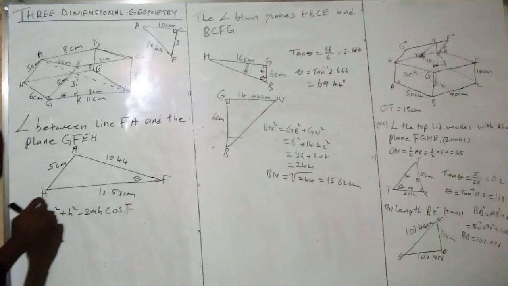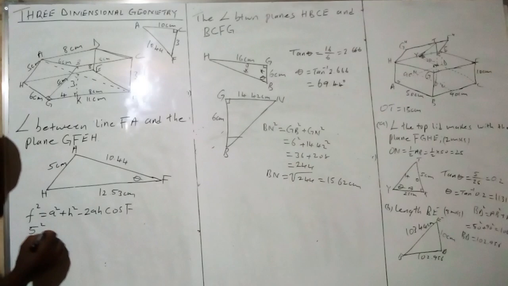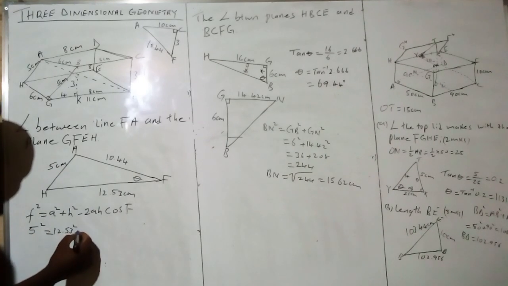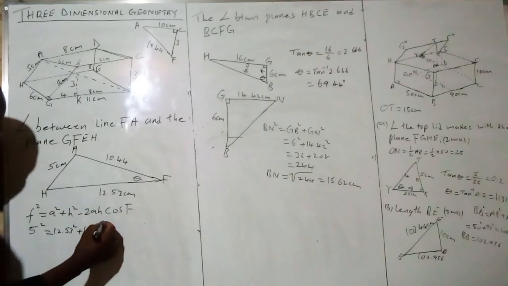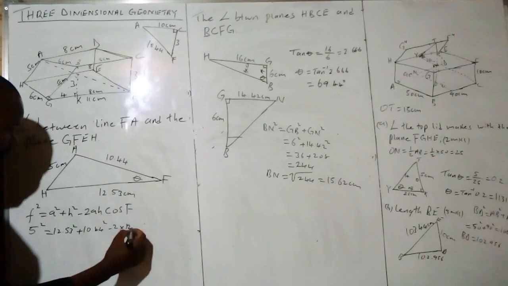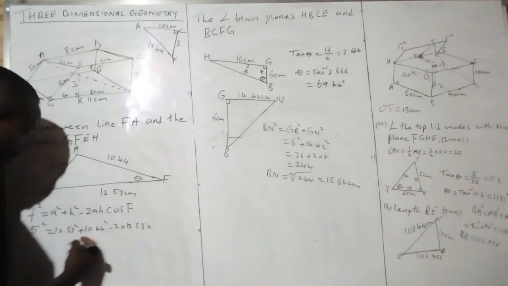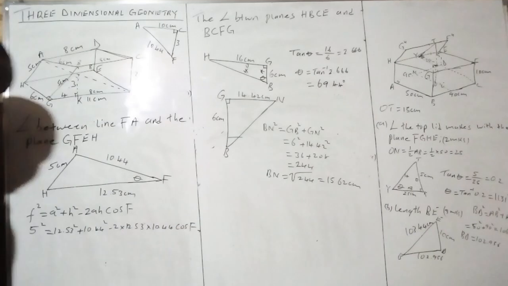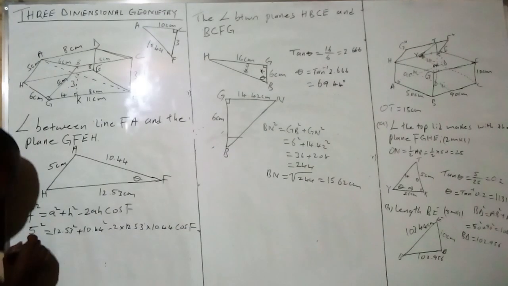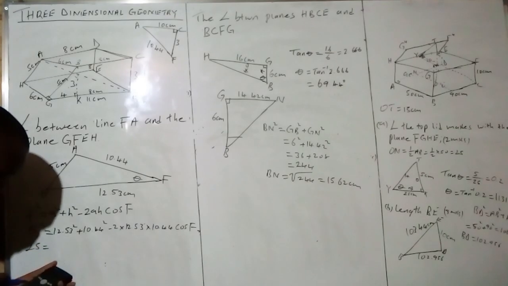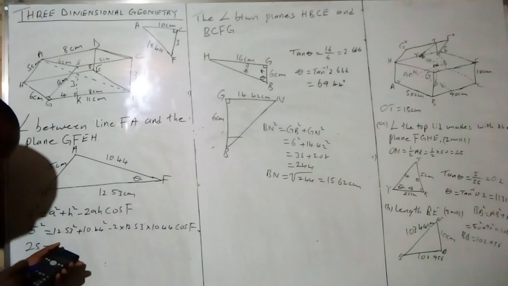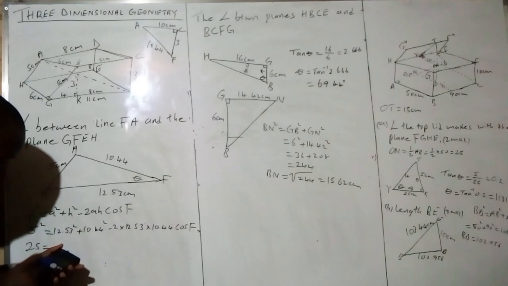It's 5. 5 squared is equal to A squared, it's 12.53 squared, plus H squared, it's 10.44 squared, minus 2 times 12.53 times 10.44 cos F, which we are supposed to calculate. 5 squared is 25, which is equal to 12.53 squared, I'm also going to add plus 10.44 squared, is equal to the total of these two.